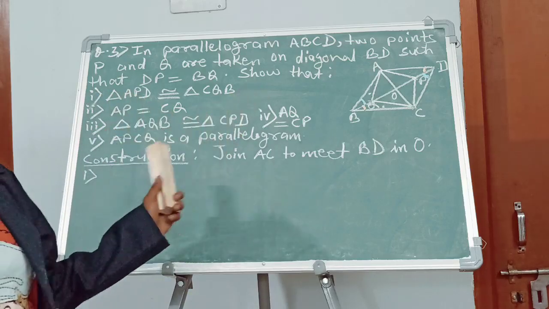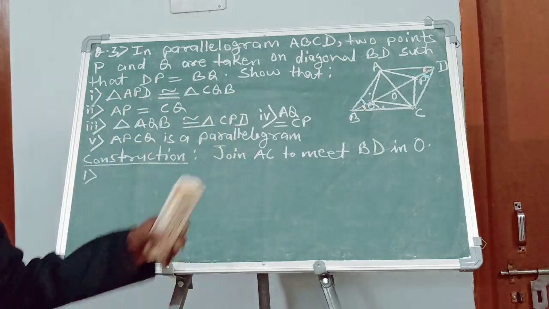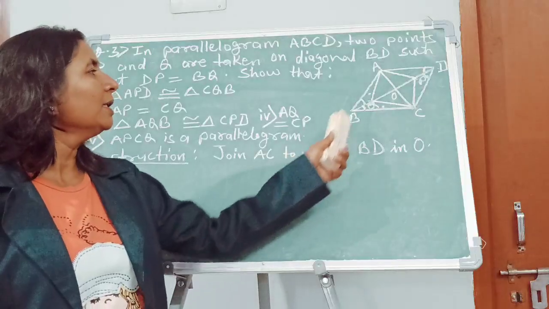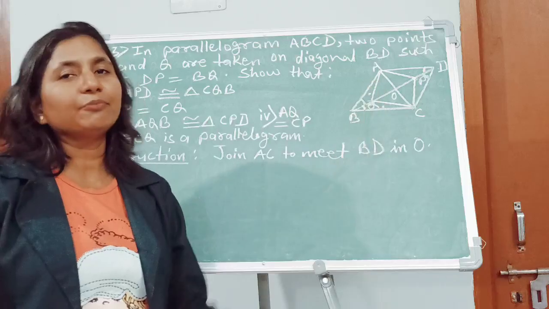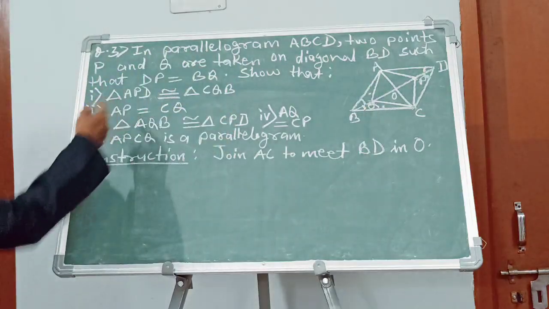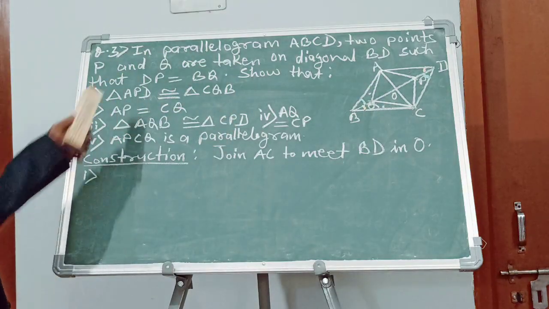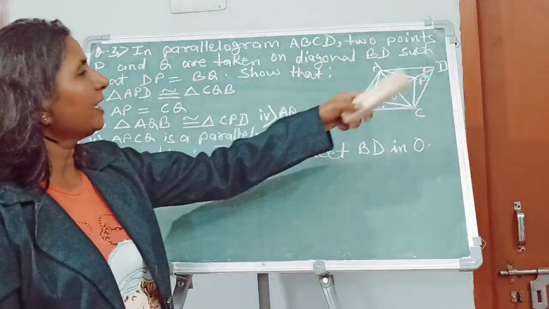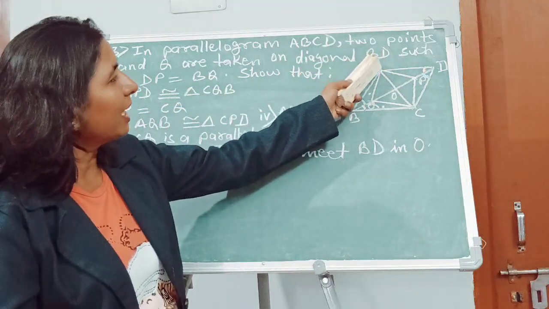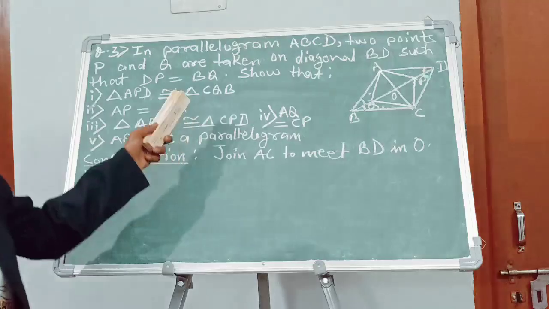As I have told, first of all we will do one construction here, meaning we will join AC, which will meet diagonal BD at point O. So let us try to show the first one: triangle APD and triangle CQB. See the diagram very carefully.